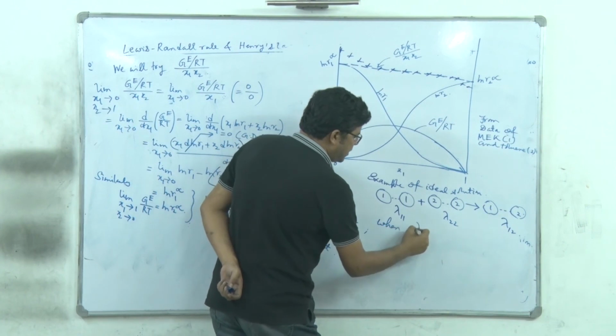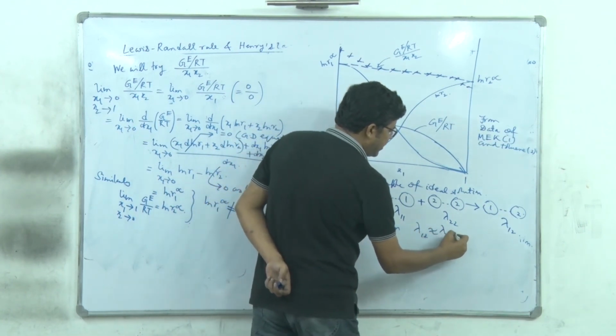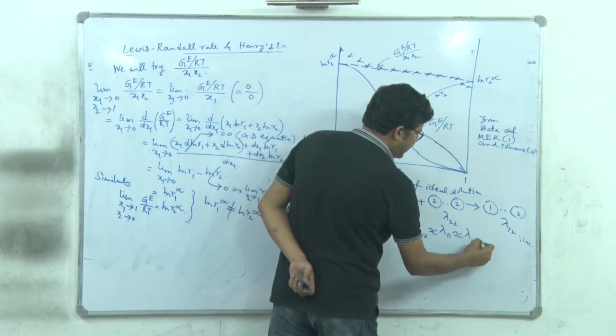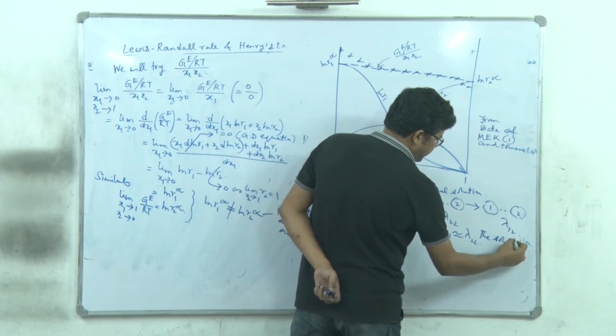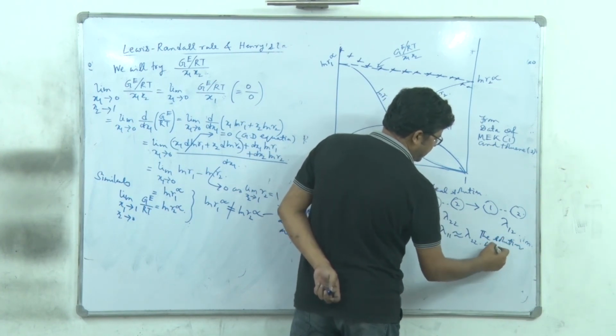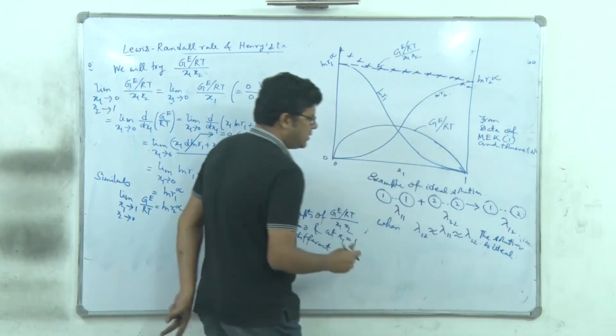When lambda 1-2 is close to lambda 1-1, which is also close to lambda 2-2, the solution is ideal, right?